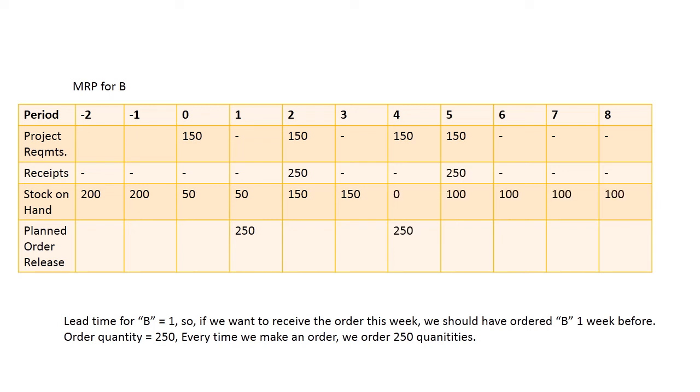So like that we make up for the whole B. So how many times we'll make an order for B is only 2 times, the first week and the 4th week.